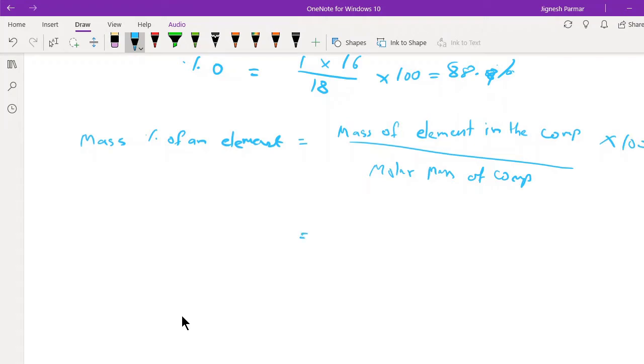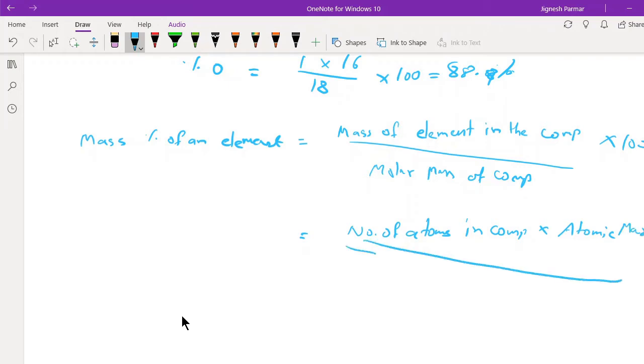Or you can write it as the number of atoms in the compound into the atomic mass of the element, divided by the molar mass.